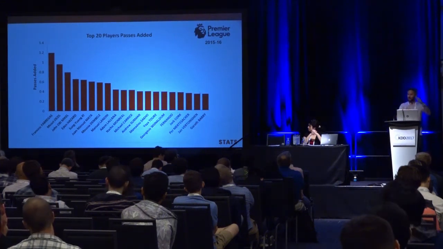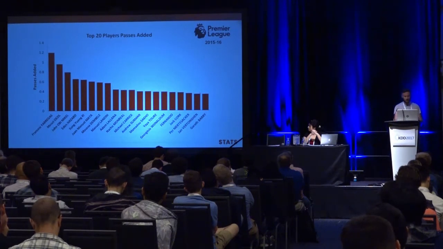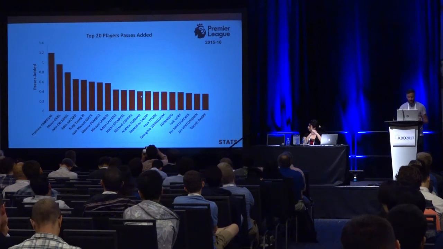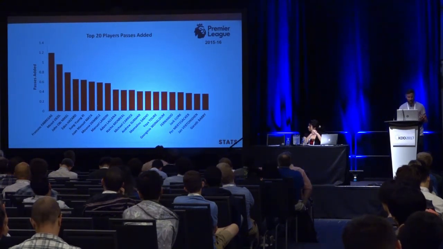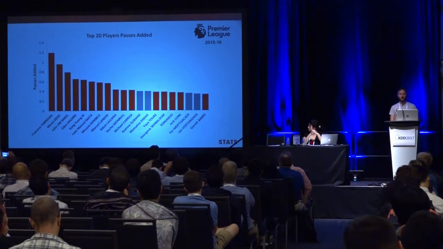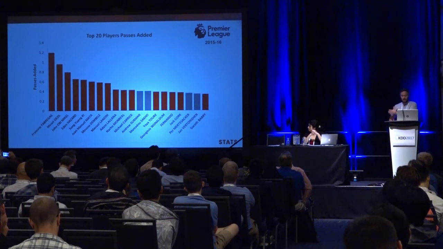If I don't complete it, I have 0.5 taken off. We can see here that all these guys are adding passes to their team. Interestingly, we have basically all the best midfielders in the league for that season. But what's really interesting is we start to highlight some centre-backs. Centre-backs are normally derided for their passing quality, but we've got some guys here who are pretty exceptional at passing.